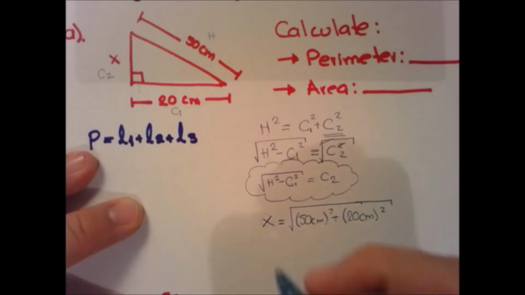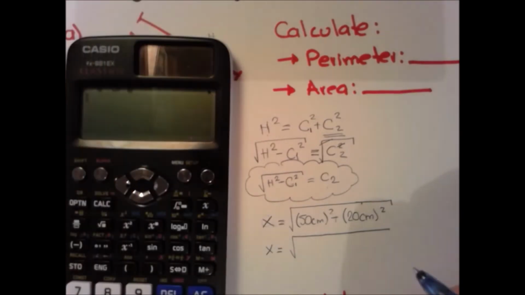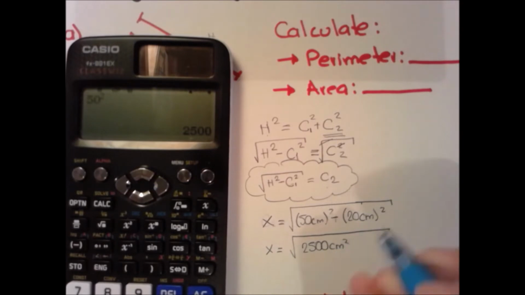Okay, so right now we need to make those operations. How much is 50 squared? We can take the calculator, and 50 squared is 2,500 square centimeters. This is very important, square centimeters, you need to use the unit. And the other one will be 20 squared, minus 400 square centimeters.